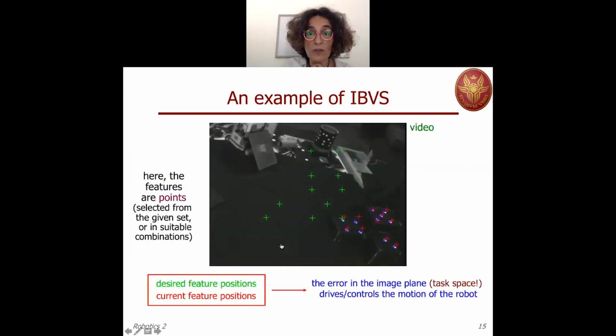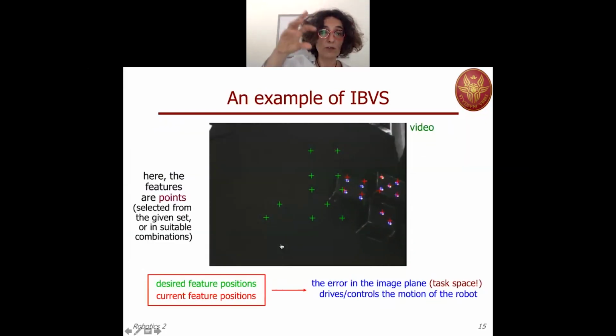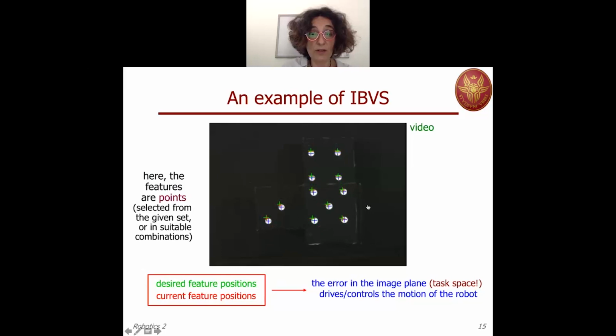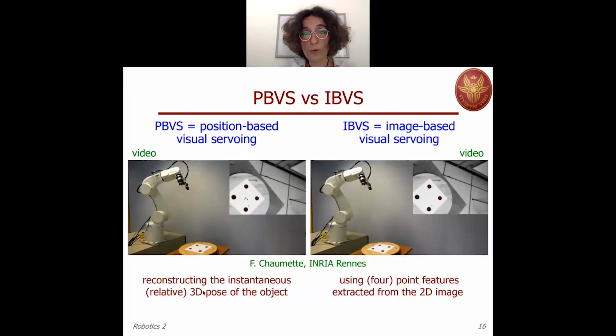During the motion of the manipulator, in this nine-joint configuration, some features are found in the images, which are the current feature positions, and based on the error between the current value of the features and the desired one, the robot moves so as to let the current features converge to the desired feature positions. In this case, the features were points.